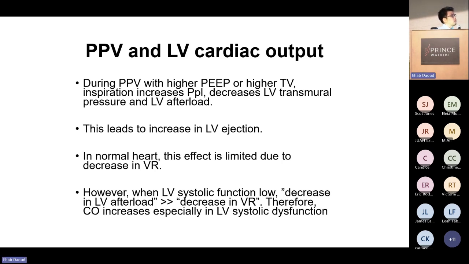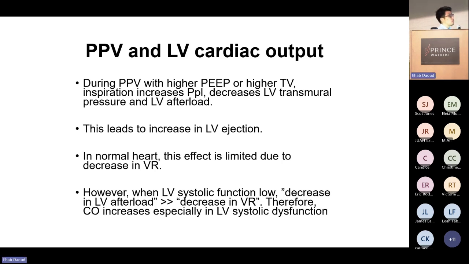As a result, that will affect the LV afterload. So again, in the normal heart, there is a right shift of the cardiac output curve, while in heart failure the benefit comes by decreasing the afterload.